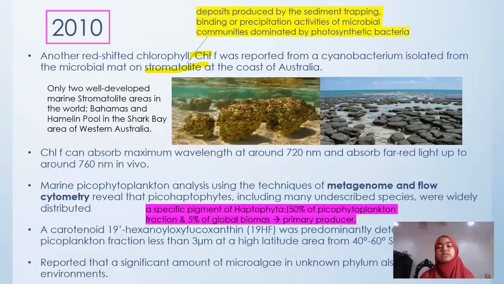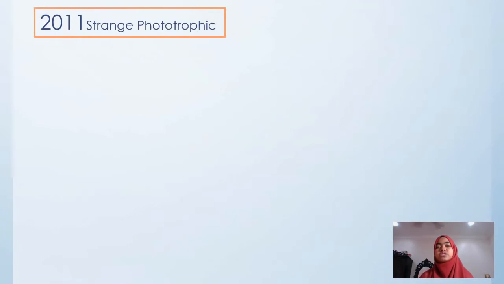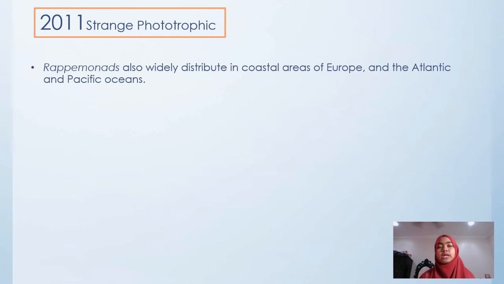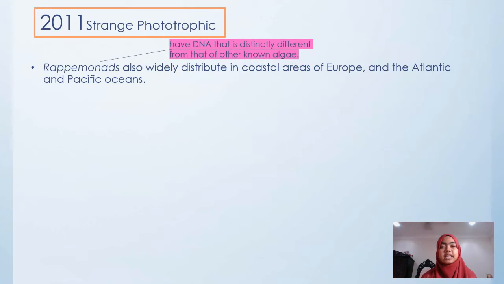It was reported that a significant amount of microalgae in an unknown phylum also exists in the marine environment in 2010. In 2011, a strange phototrophic group, the rappemonads, was also found widely distributed in coastal areas of Europe and the Atlantic and Pacific Oceans. Rappemonads have DNA that is distinctly different from that of other known algae.